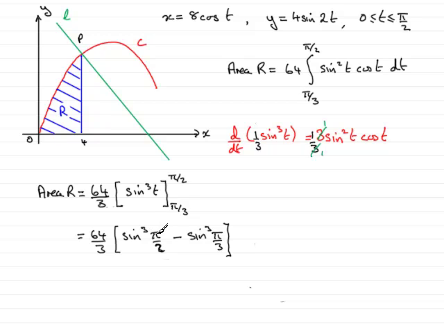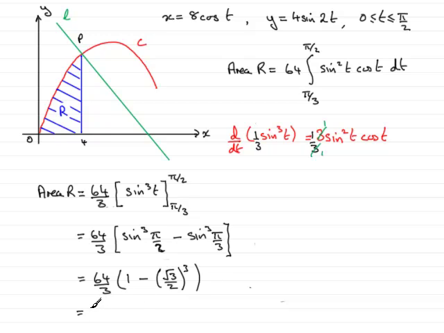Well, the sine of pi upon 2 radians is 1, so we have 1 cubed, which is just simply 1, so that's 64 over 3 multiplied by 1. Then minus, now the sine of pi upon 3 radians is root 3 upon 2, so we have root 3 upon 2 all cubed.